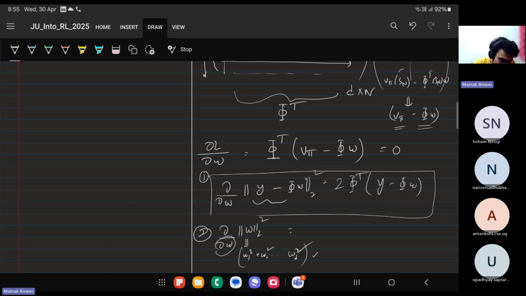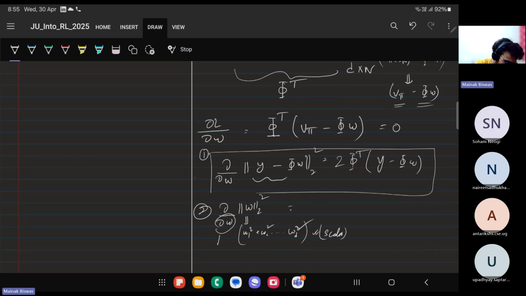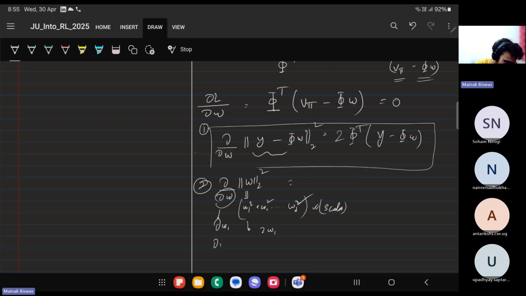This is a scalar value. This is basically a gradient, right? You do it in your physics classes everywhere. You're taking a derivative of a scalar with respect to a vector, so you have to take the derivative with respect to every component. When you take the derivative with respect to W1, you get 2 W1. When you take the derivative with respect to W2, you get 2 W2. Yes or no? Correct?